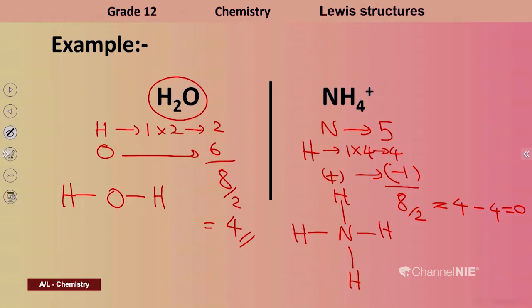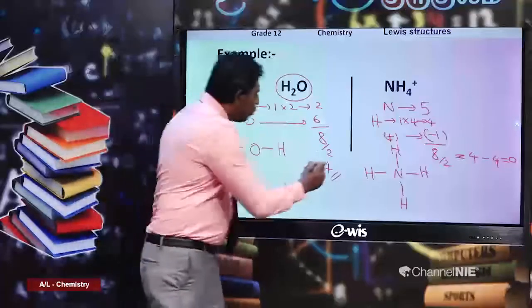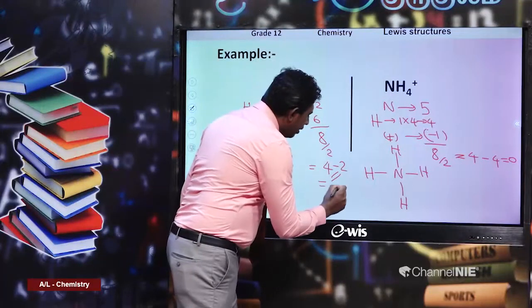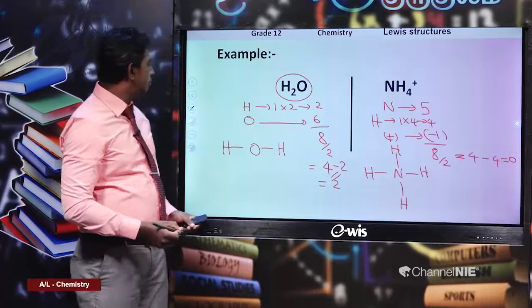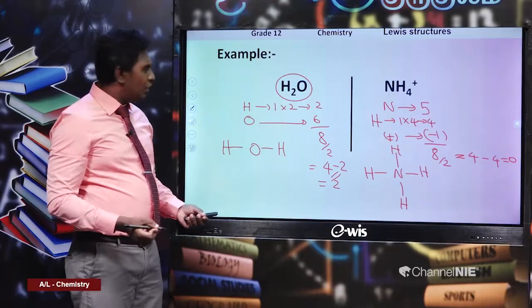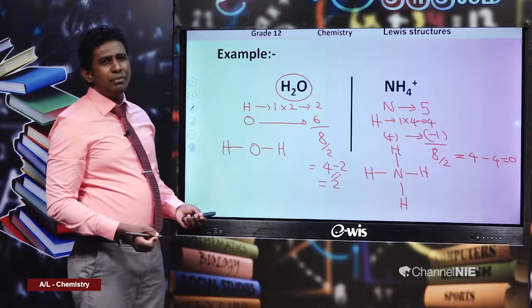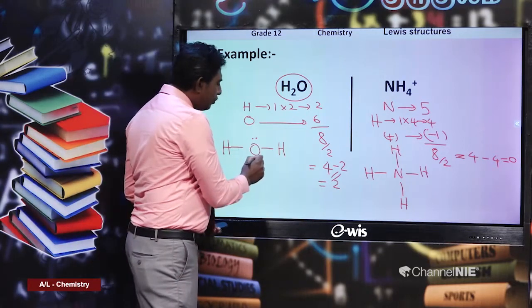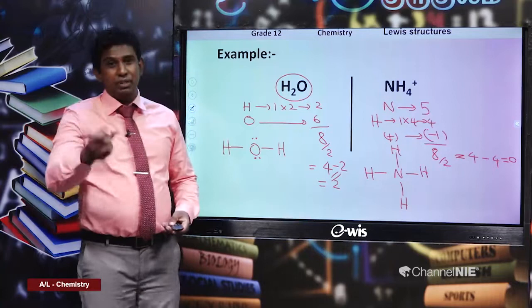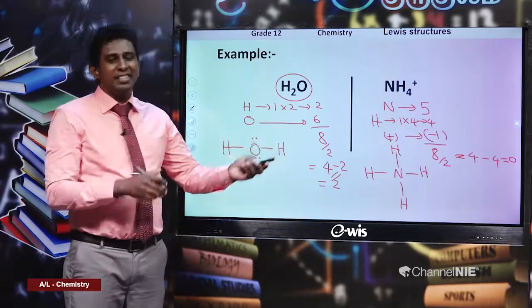You deduct the 2 bonds, 4 minus 2 is 2. You have another 2 pairs to keep on some atoms. I'm going to explain which atoms those can go on in our future points.